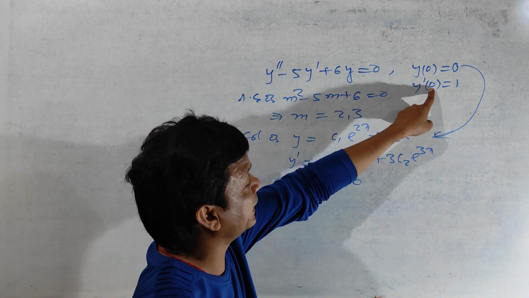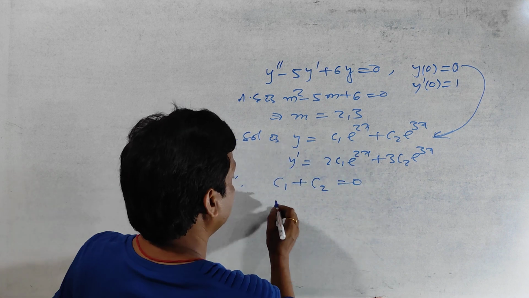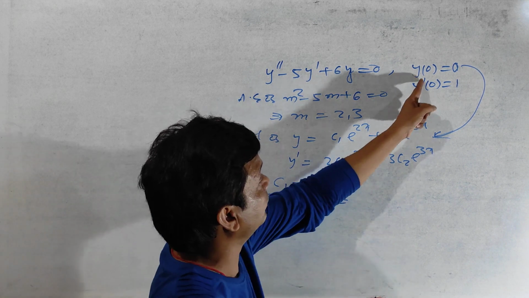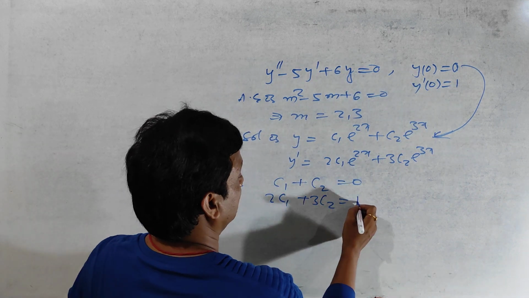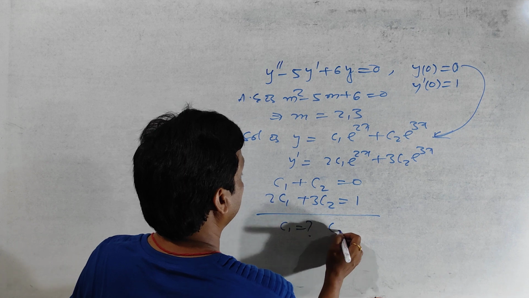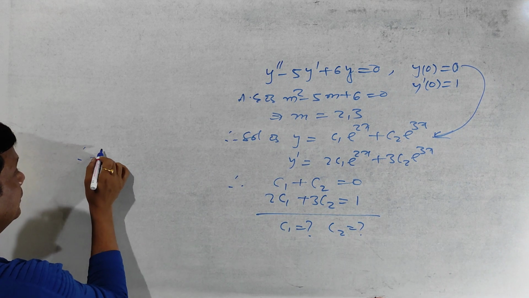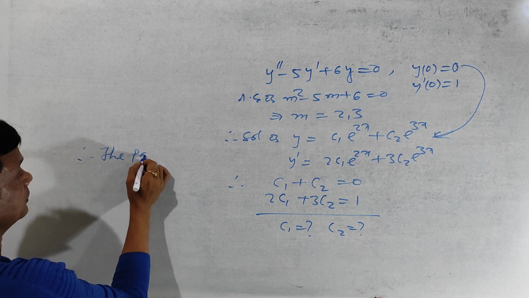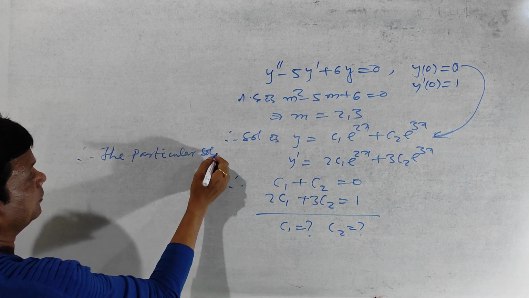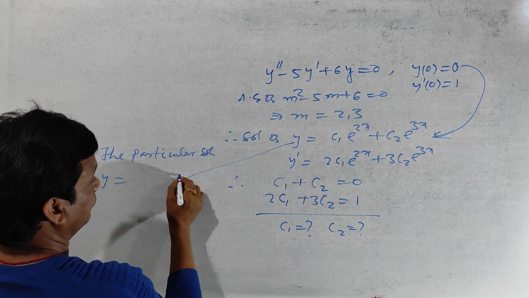And in second case, put x is equal to 0. E to the 0 is 1, e to the 0 is 1, so 2c1 plus 3c2 is equal to, and y dash is equal to 1, so this one is equal to 1. So after solving these two, you can get c1 and c2, you will do by yourself. Then the particular solution is y is equal to this one.